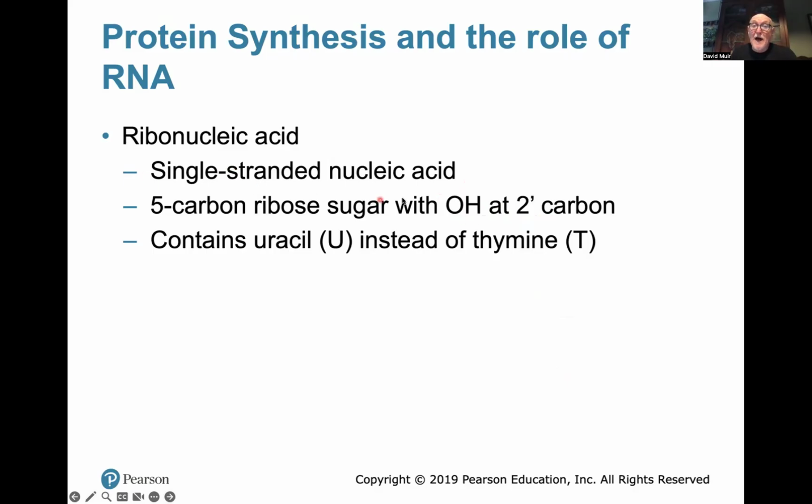Ribonucleic acid is a ribose sugar with OH at the 2'. The third thing to note is that RNA contains uracil as a base. It does not contain thymine. So as soon as you see a U in a sequence, you know that you're dealing with RNA, and the cell does as well. If it sees uracil in a sequence, it knows it's dealing with RNA.